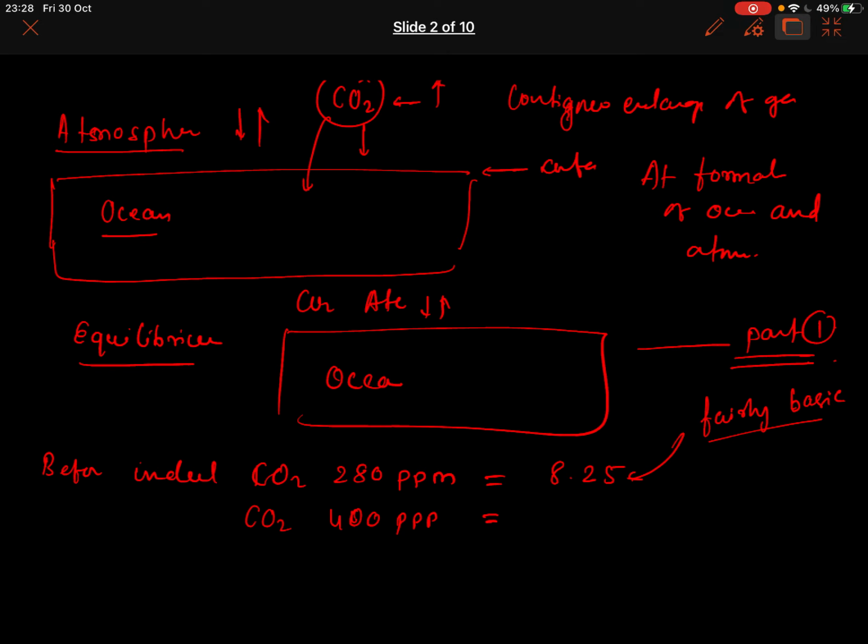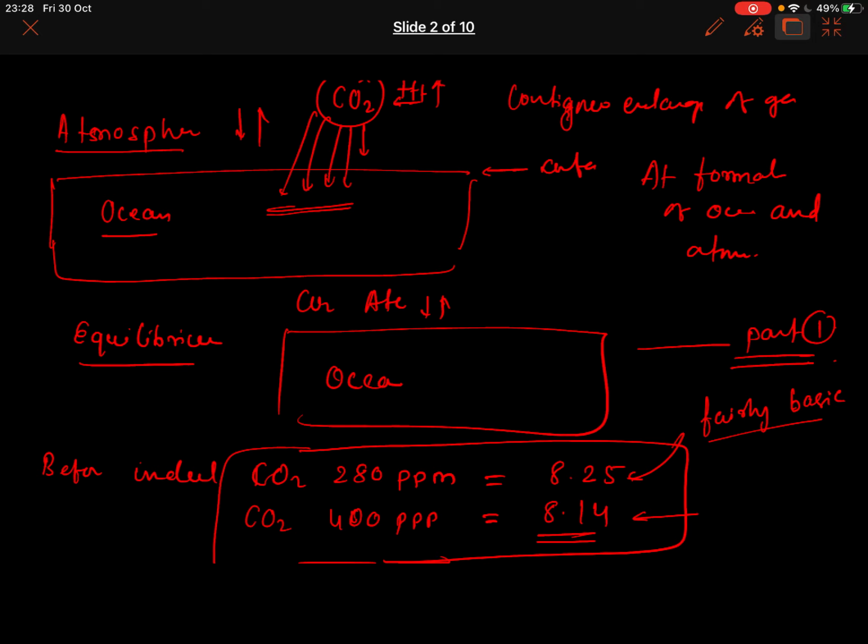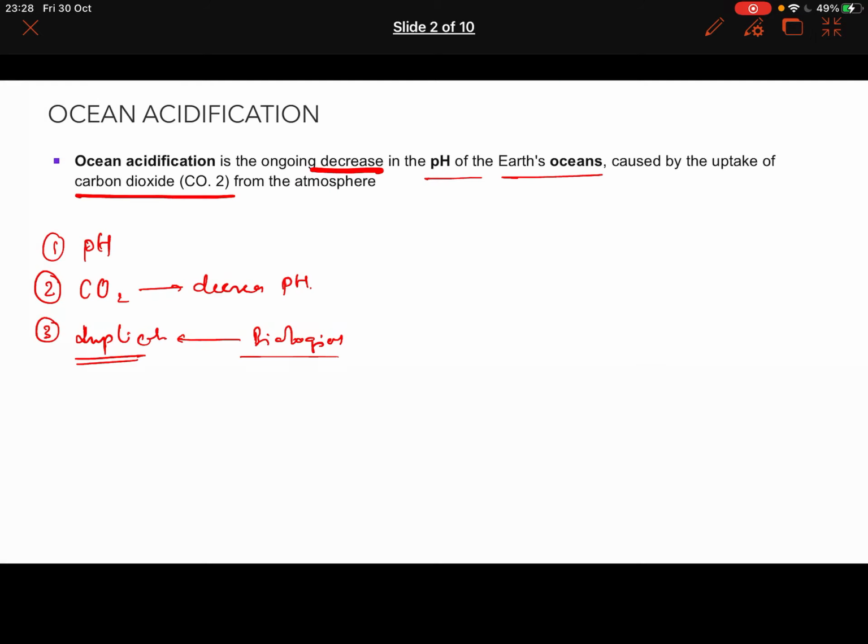So as CO2 increases further, it gets added to ocean waters also, and as a result the pH of ocean water changes to some 8.14. How this change happens with the increase of CO2 is the next thing we will address.